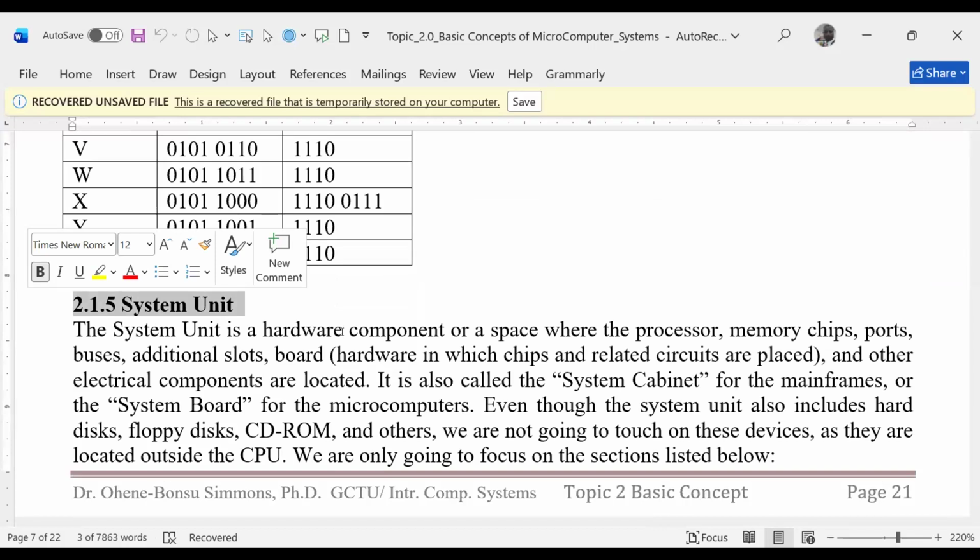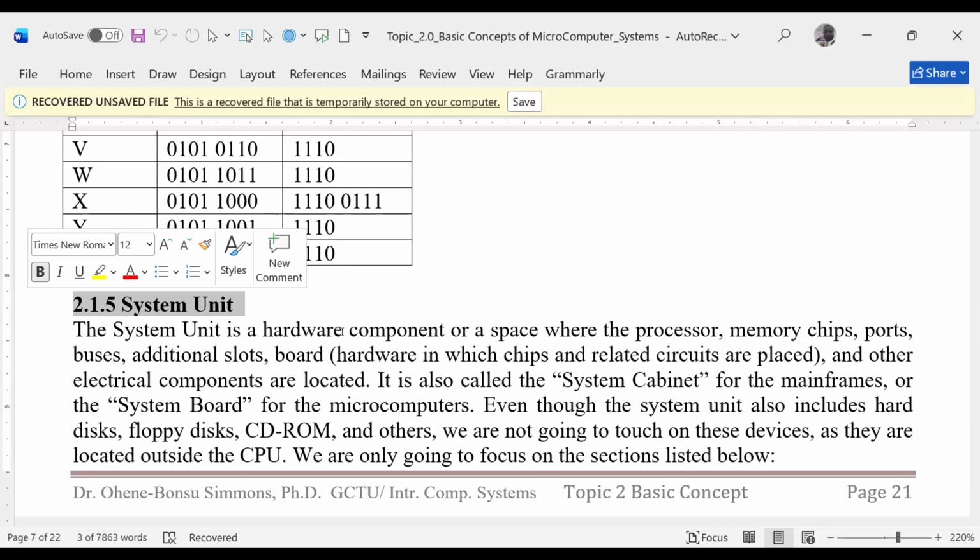A computer is a system consisting of different units connected together: the keyboard, the mouse, the screen, and then the main case, which we sometimes call the CPU, central processing unit. When you open it, there's another key component called the central processing unit. That's why some people call the main case the CPU, but the main name is system unit.